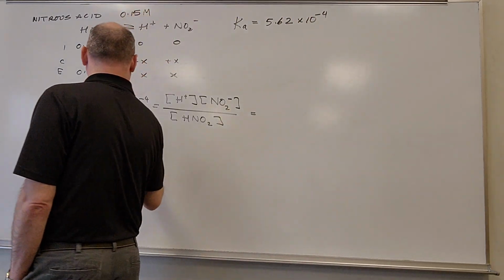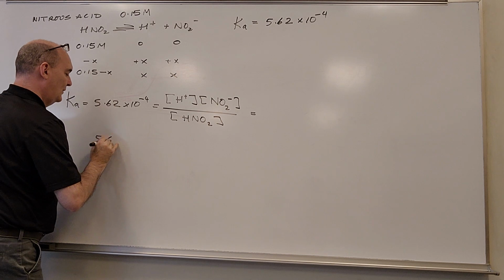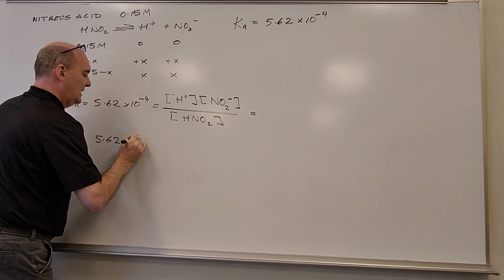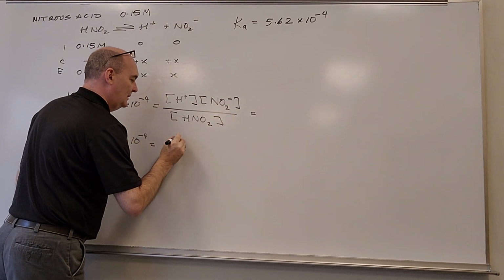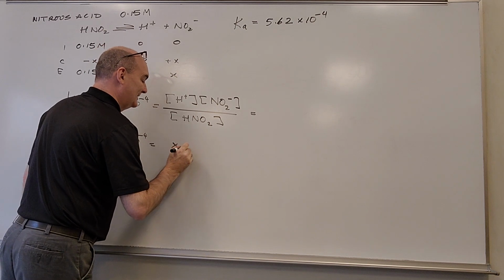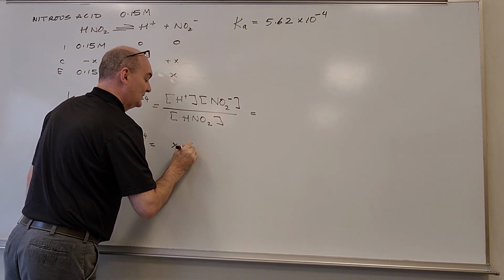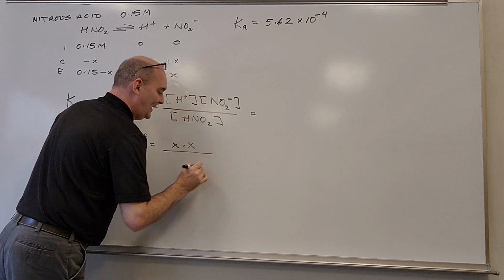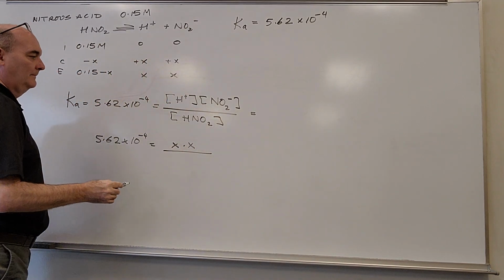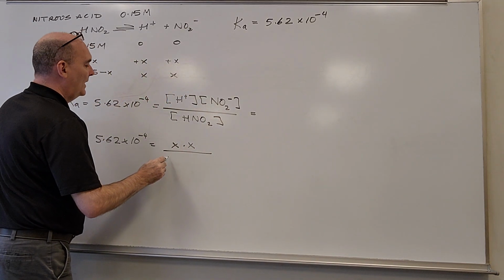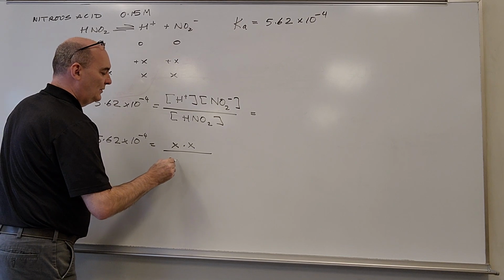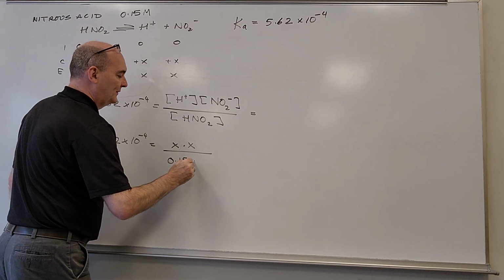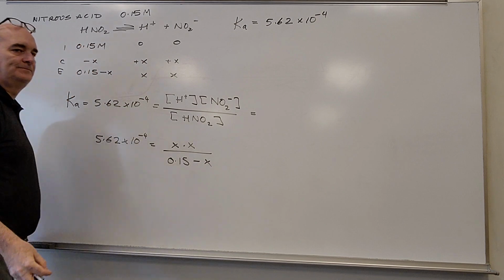So 5.62 times 10 to the negative 4 equals X times X. So I've got X squared on the top, divided by 0.15 minus X.